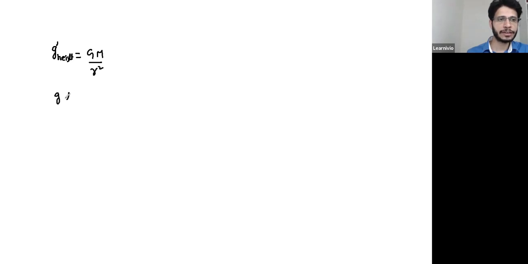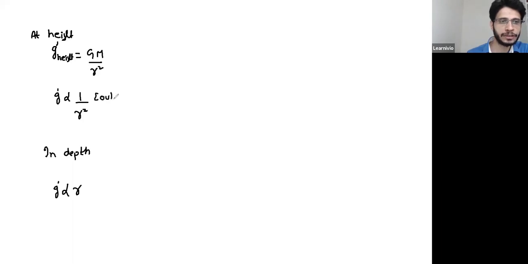So with height, your acceleration due to gravity is 1 by r square. This is at height. At depth, I just proved that this g is directly proportional to r.